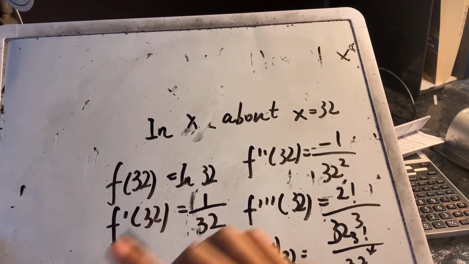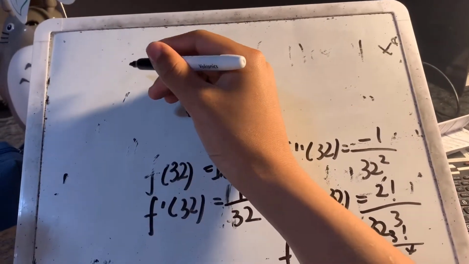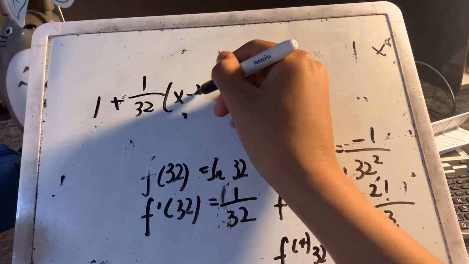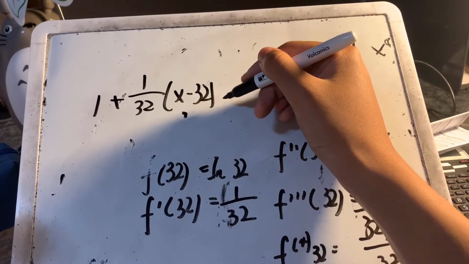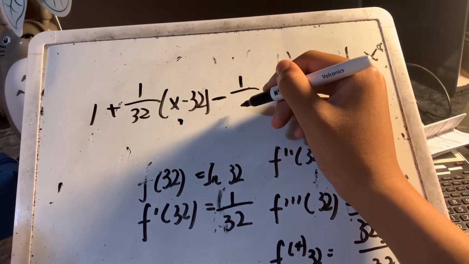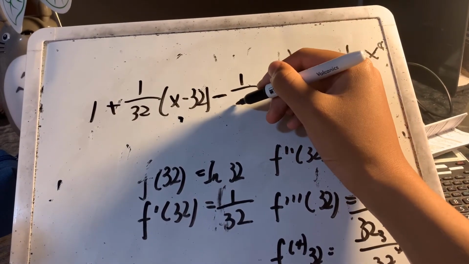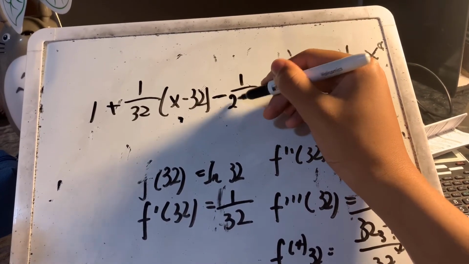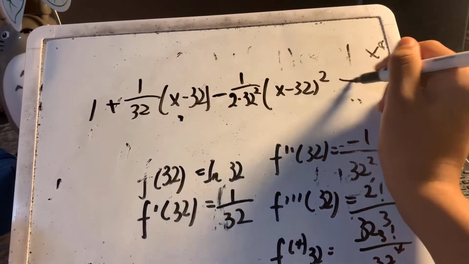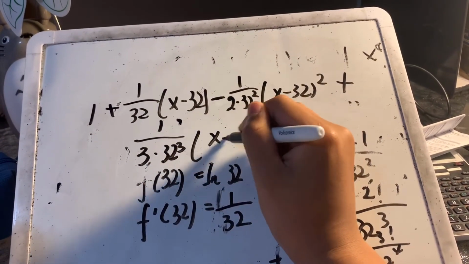So here, you can use all this to build up this equation. Let's give an example. So 2 plus 1 divided by 80 times (x minus 32), minus a second-order term with (x minus 32) squared, plus a third-order term with (x minus 32) cubed.